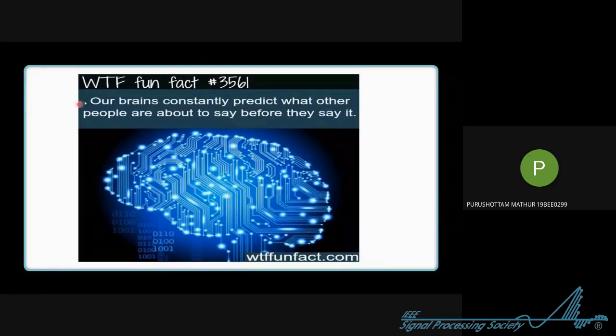Yeah, a fun fact: our brain constantly predicts what other people are about to say before they say it. Think about it, a better example would be a DA. Someone has done some DA, and you are using the neural network and getting just one or two questions, and then using that same weight vector.